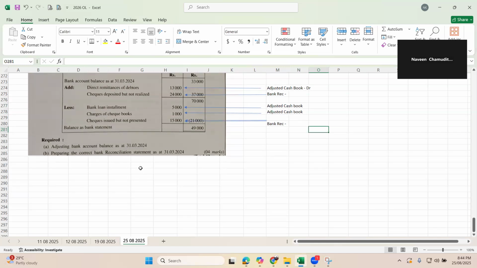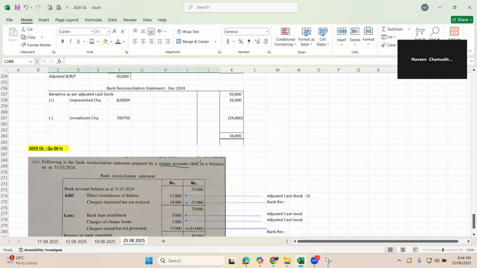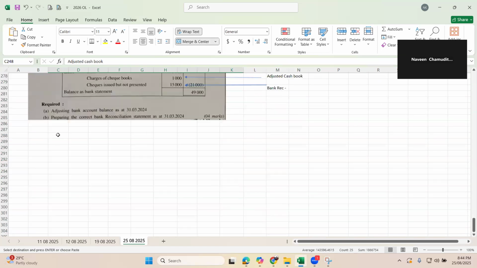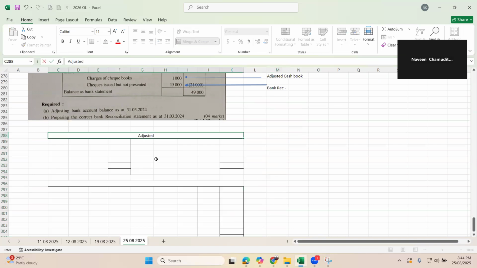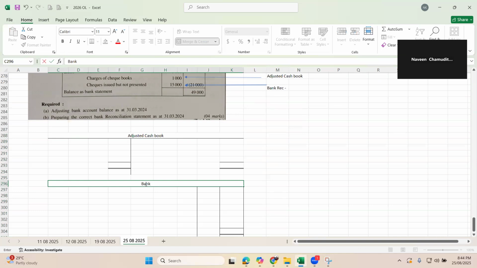They're asking for the adjusted bank account balance, then preparing the correct bank reconciliation. We'll copy these two formats: adjusted cash book, then bank reconciliation statement.